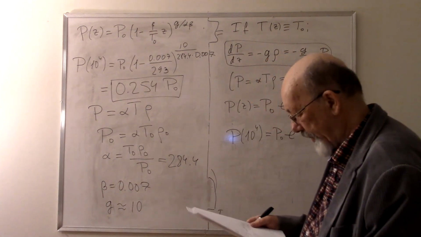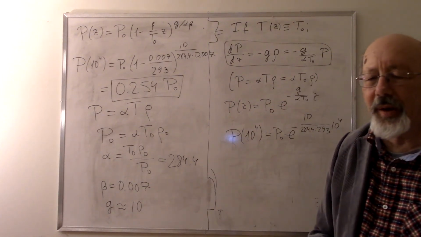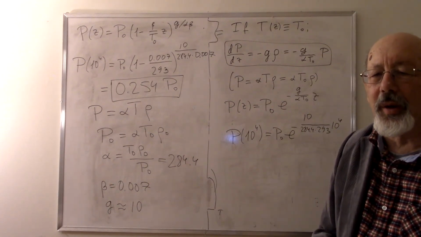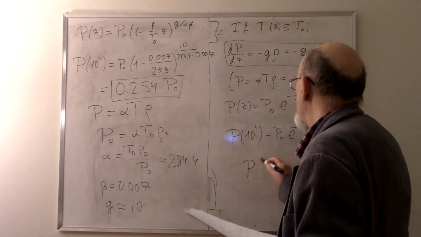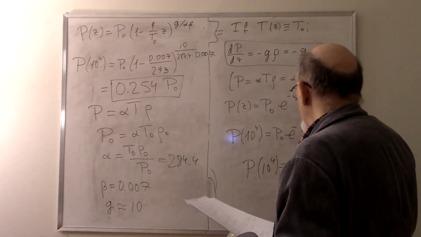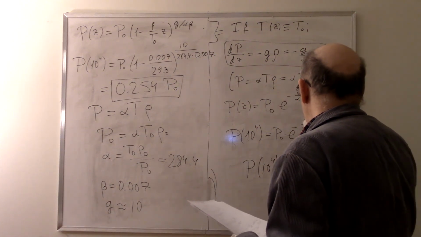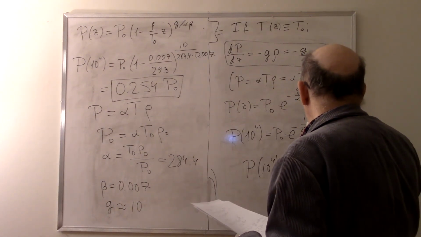Okay. It is again an exercise for the calculator. So P of 10 to the 4 equals 0.301 P0.